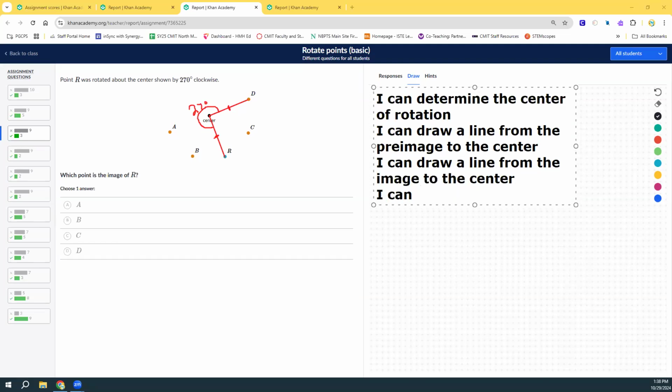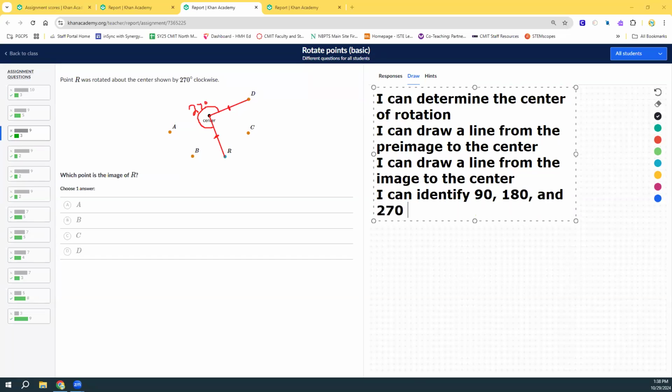I can identify 90, 180, and 270-degree angles.